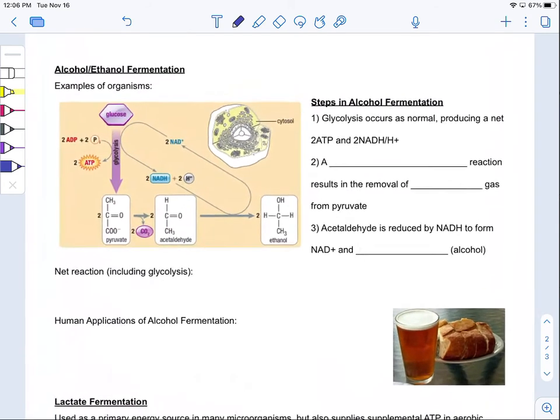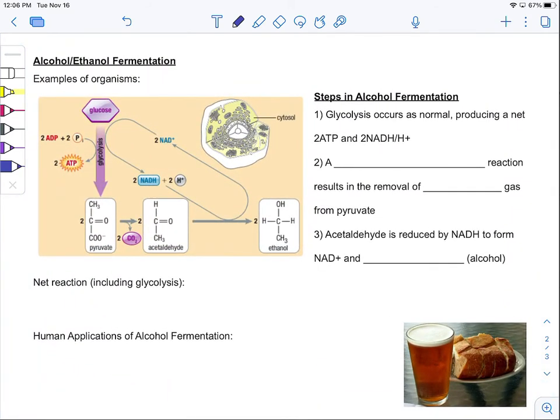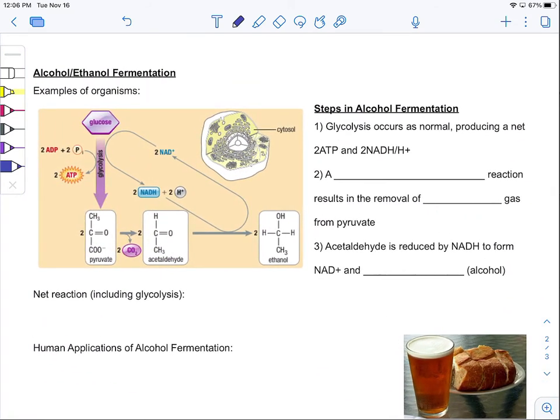And I put here alcohol slash ethanol. Reason being, chemistry students, you'll know this, ethanol is just the specific name of the alcohol that's formed. And so you'll see ethanol actually in the diagram below.